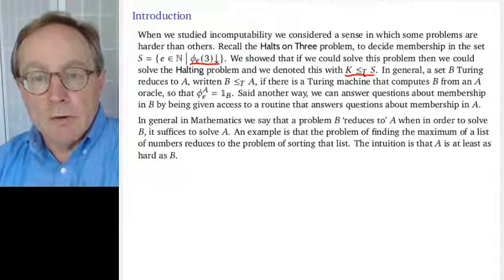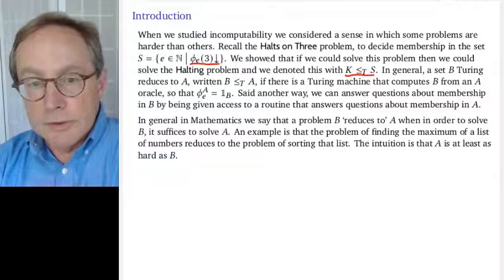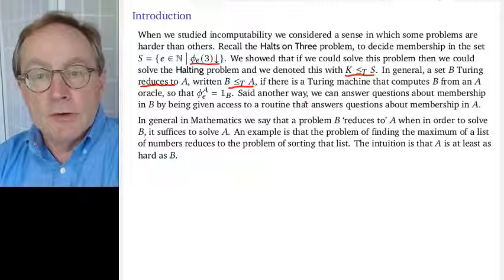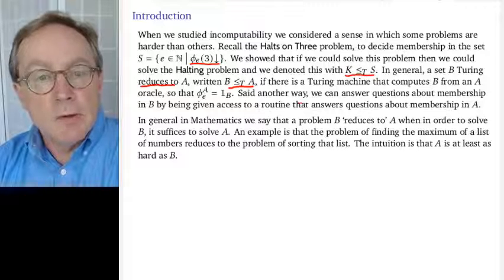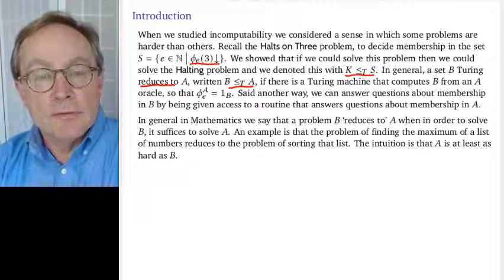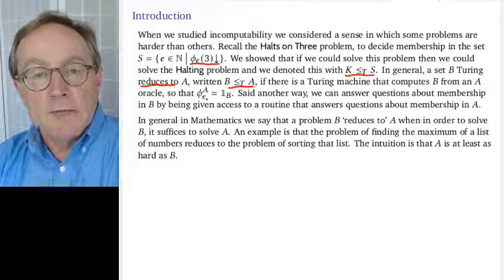In general, a set B Turing reduces to A, B less than or equal to sub T A, if there's a Turing machine that computes B from an A oracle. So if you knew A, you could ask questions of the A oracle: is 7 an element of A? Is 9 an element of A? Is 14 an element of A?